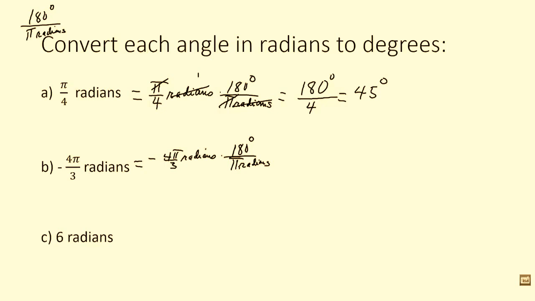If we simplify this, the radians and pi cancel, so we're left with negative 4 times 180 degrees divided by 3. If you do this, you're going to get a negative 240 degrees.